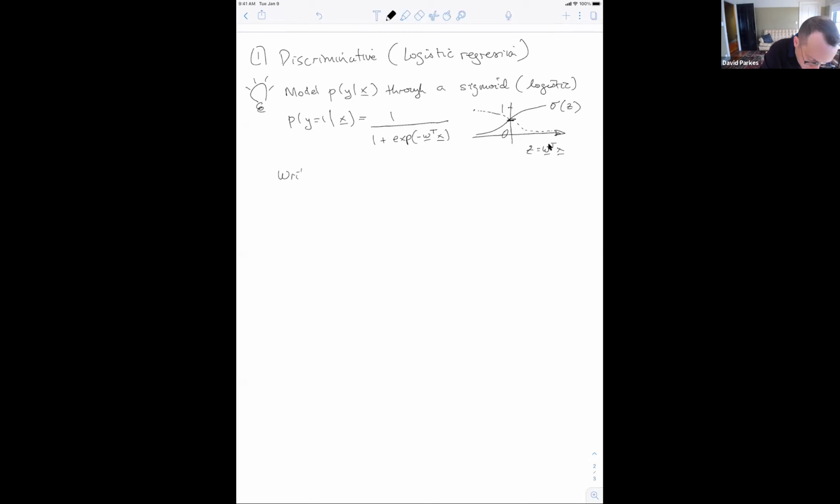So to work with this, we'll write shorthand h equals w transpose x. And then, as I said, let's just note that this means that we can write probability of class 1 given x as 1 over 1 plus e to the minus h, and probability of class 0 given x turns out to be 1 over 1 plus e to the h.